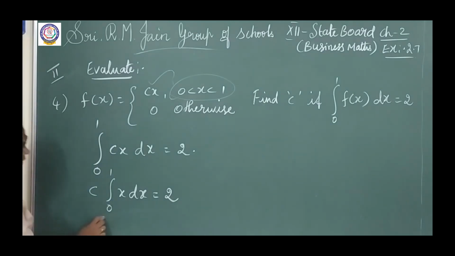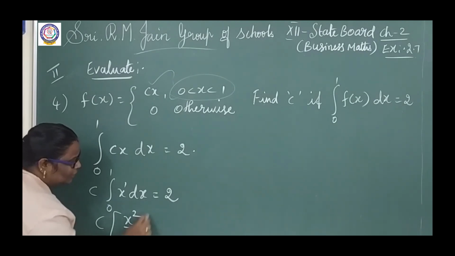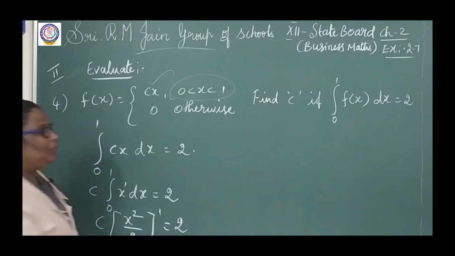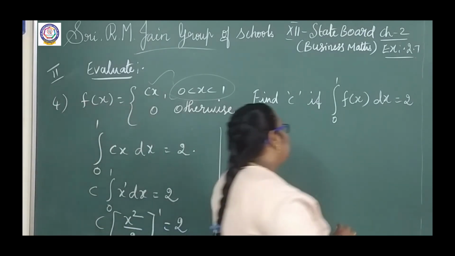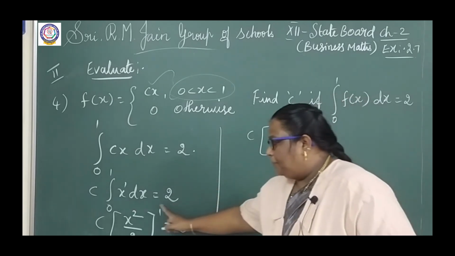Now you can integrate x power 1, that is x power n plus 1 by n plus 1. So, x square by 2, with limit 0 to 1, equals 2.